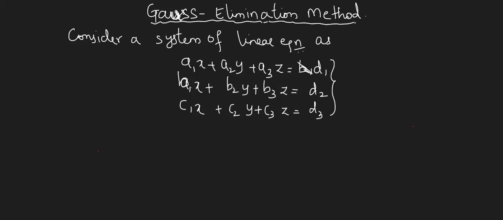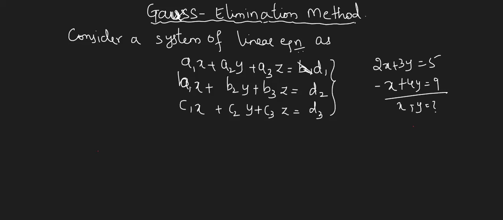Just like in a system such as 2x plus 3y is 5 and minus x plus 4y is 9, the coefficients are given, so solving means finding x and y. Similarly here, solving this system means we have to find x, y, z.